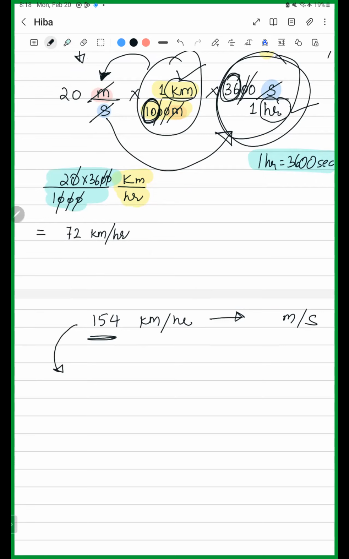But how do we know that 1 hour is equal to 3,600 seconds? You have to just ask yourself, what is the relationship between hour and seconds? Because hour you have written in the denominator, seconds you have written in the numerator. Now you have to figure out the relation between them. So hour is because of the kilometer per hour. Okay, I understood.